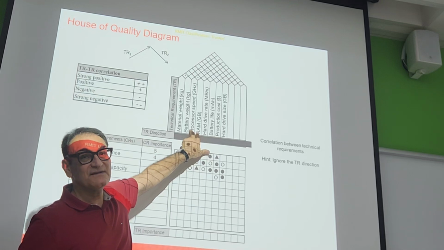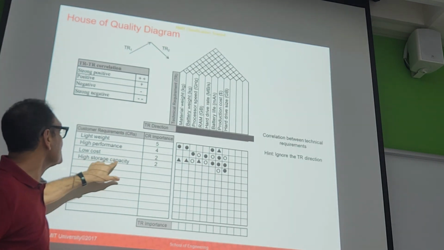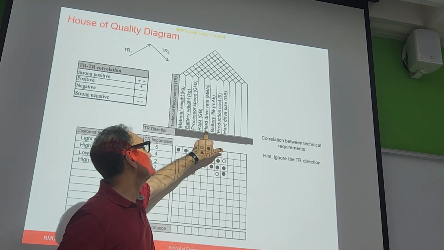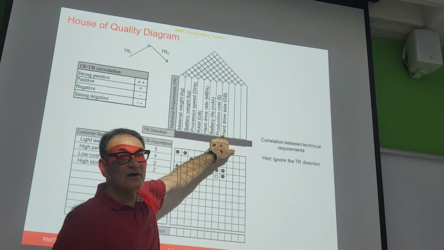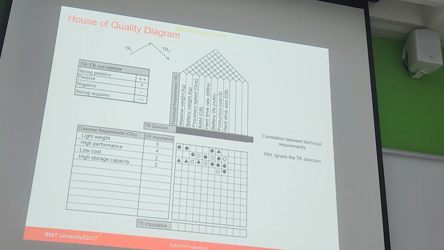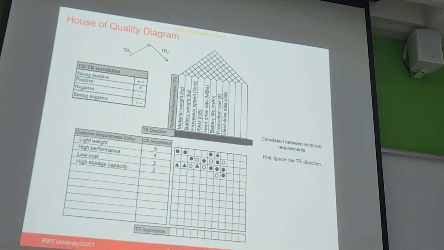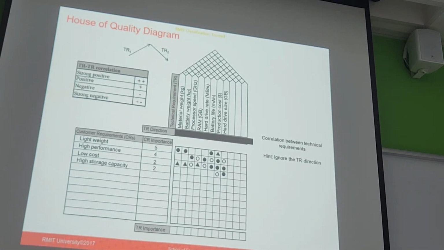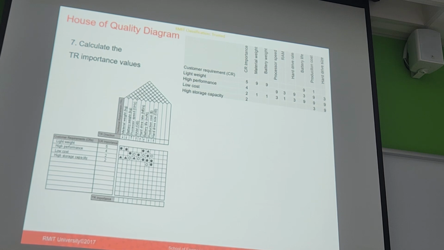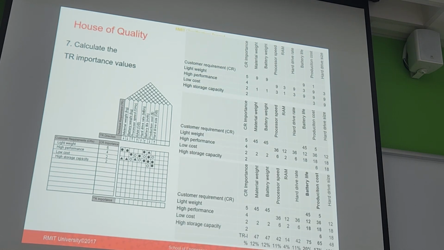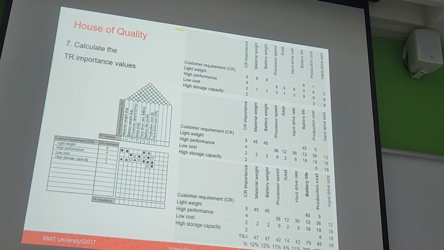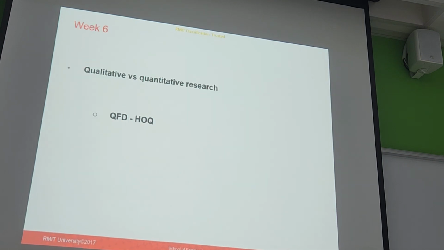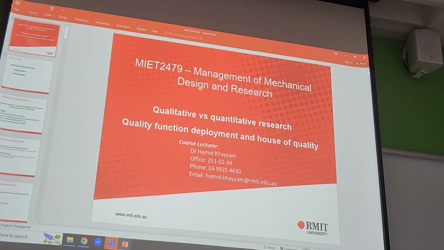You say high storage capacity, you change it to the hard drive and also the size. I am telling you, you read the requirements from the customer, you convert them based on the technical, okay? If you do that, you calculate and you find more information. Any question?